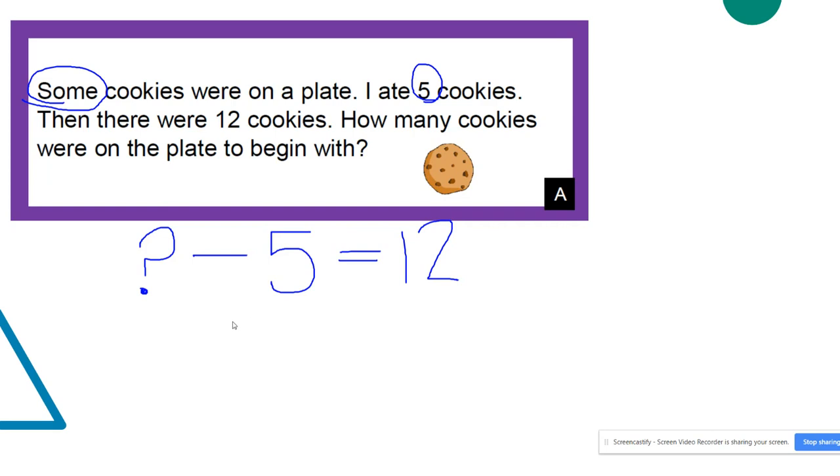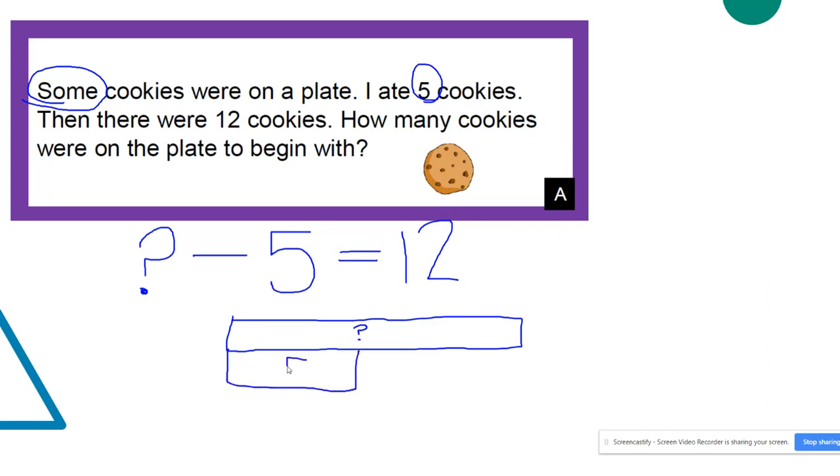Okay. So we can use a tape. This is what we're figuring out. Some cookies were on a plate. We have this part. I know 5. I ate 5. And then there was 12 left on the plate.